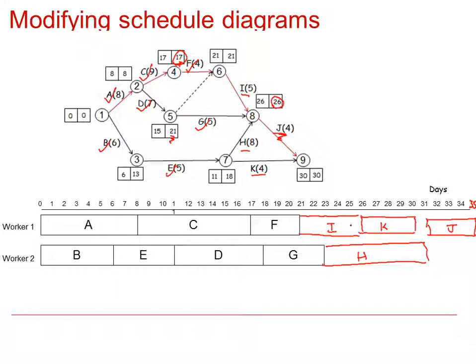So then we look at what would happen if we had assigned activity H to worker 1 and activity I to worker 2.